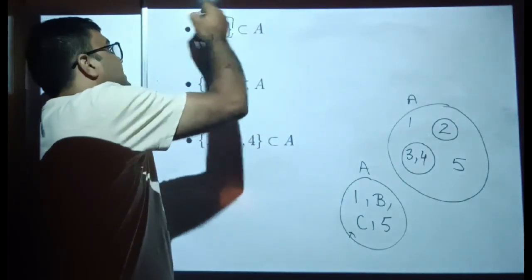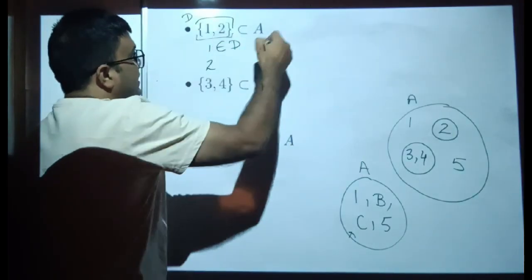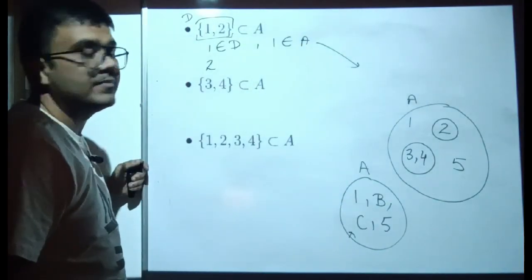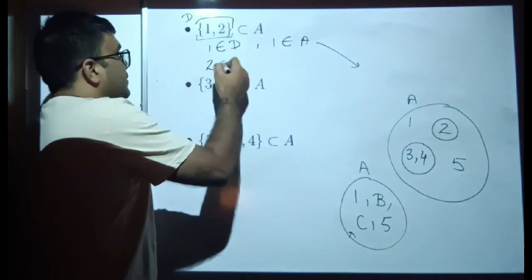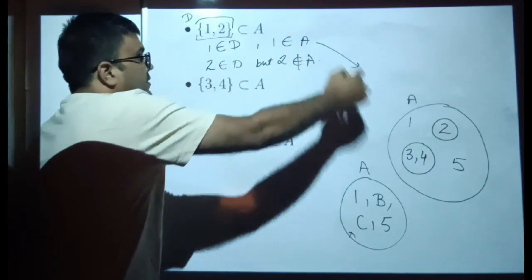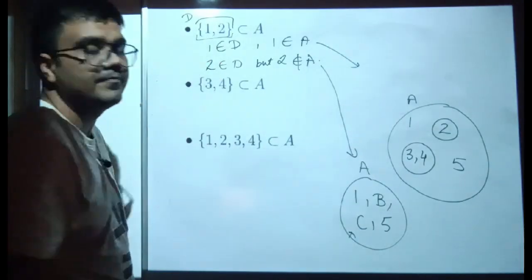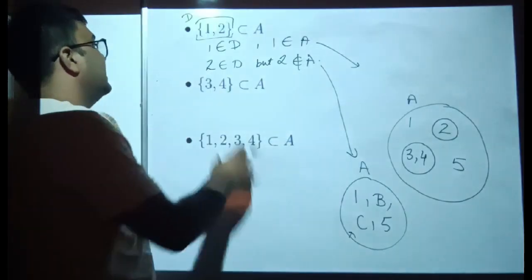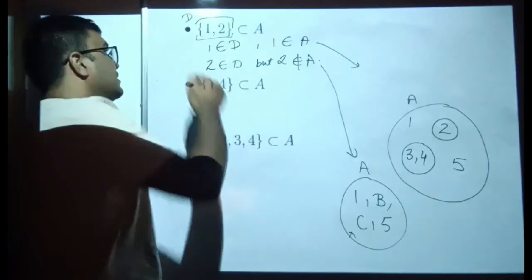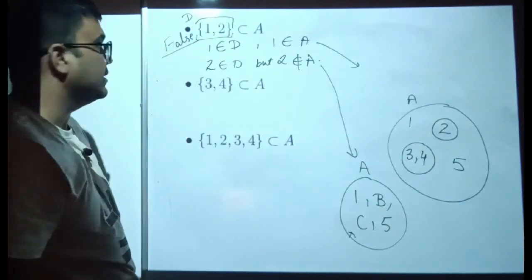Suppose I am saying this set is D. So we are saying 1 belongs to D and 1 belongs to A. 2 belongs to D, but 2 does not belong to A. There is no element 2 in the set. It means that not for every element of D it belongs to A. So this statement is false. It is not a subset over here.